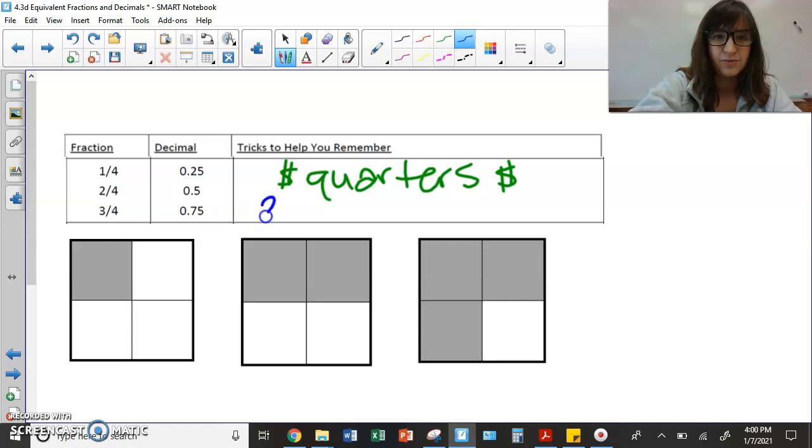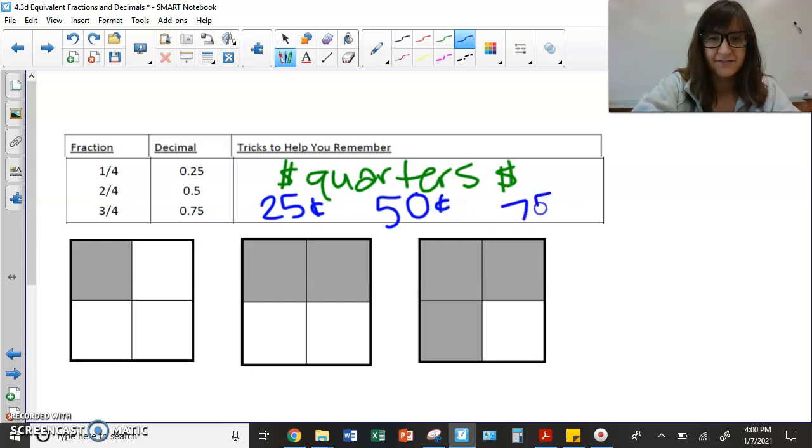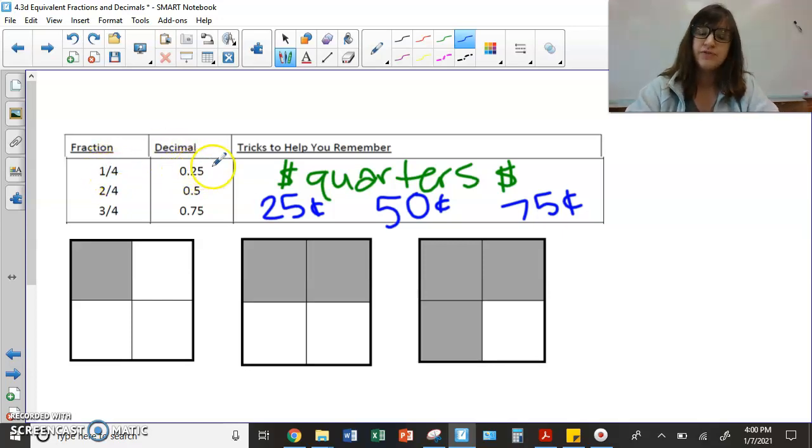So we have 25 cents, 50 cents, and 75 cents. 25 cents is 1 quarter. So 1 out of 4, 1/4, is 25 cents, or 0.25, otherwise known as 25 hundredths, because that is up to the hundredths place.